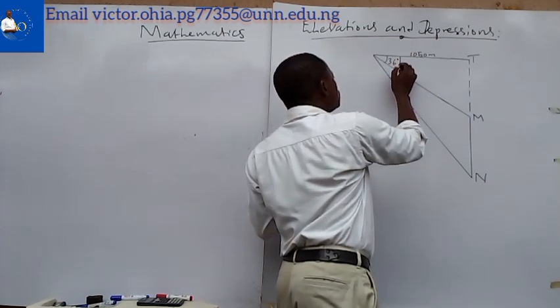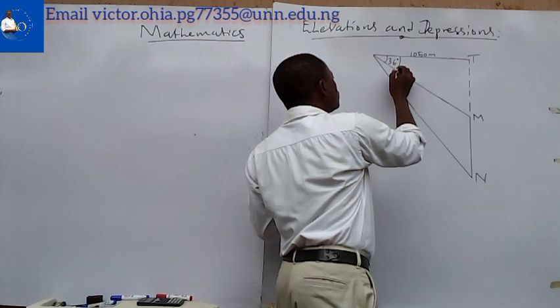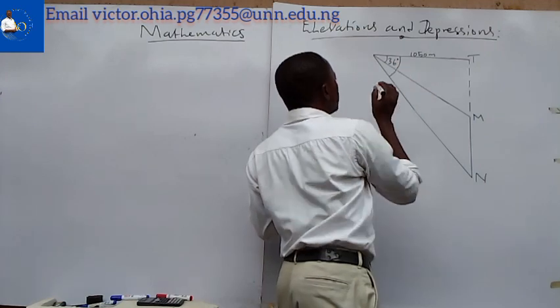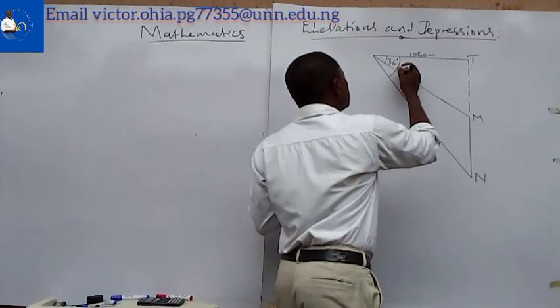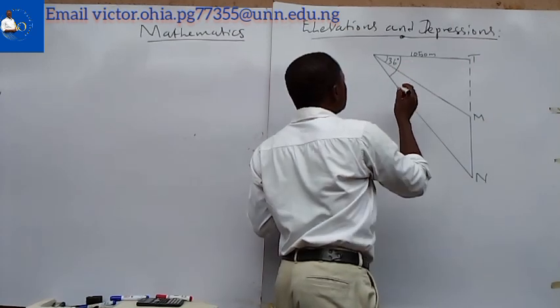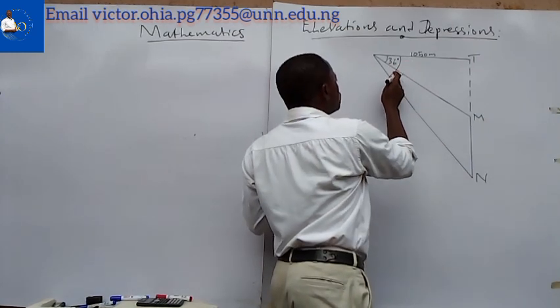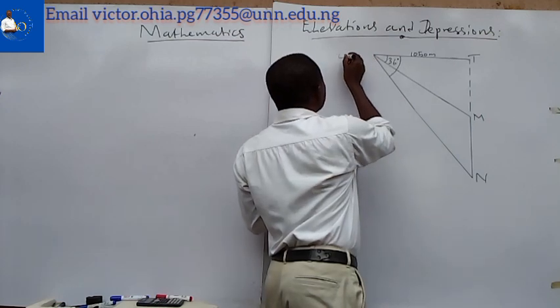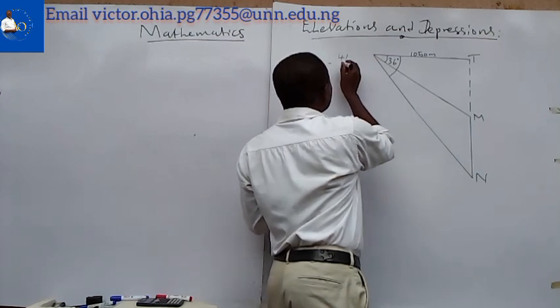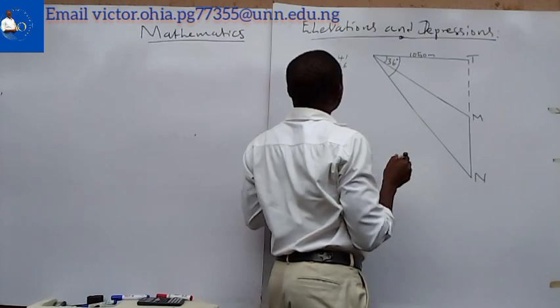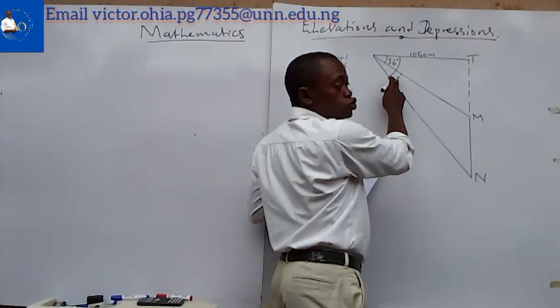If you reach 36, you keep on going and you have 41. So if I ask you what is the difference, you should know that what is here should be 41 minus 36.